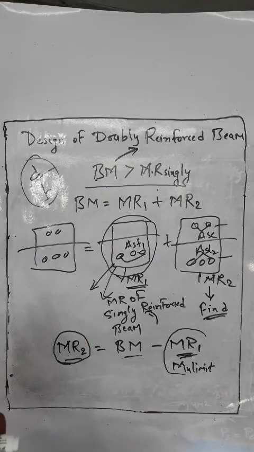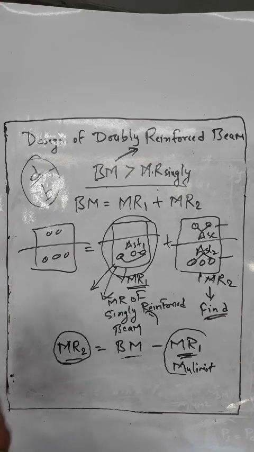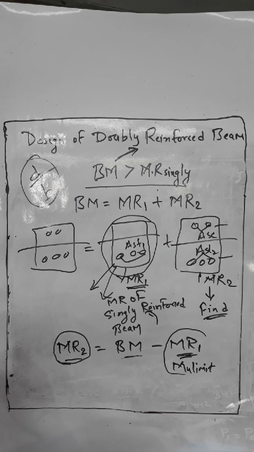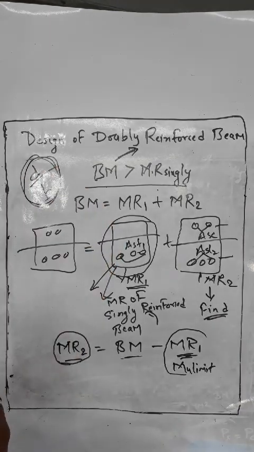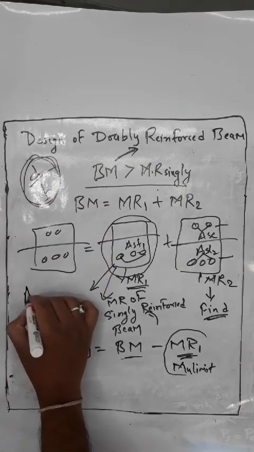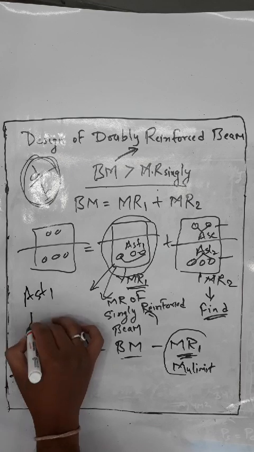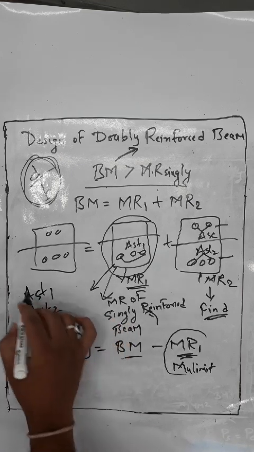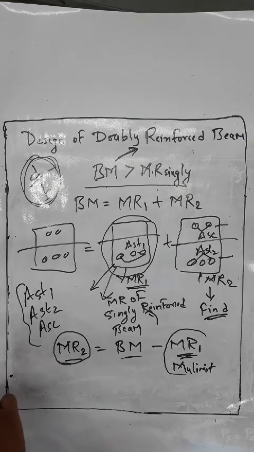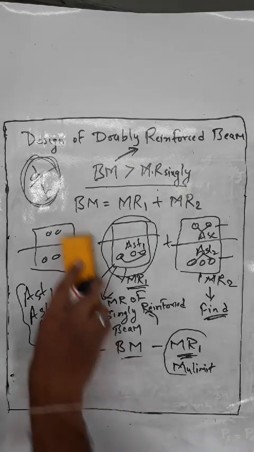When we design a singly reinforced beam, we have to find the dimensions also, but in the doubly reinforced case the dimensions are given. We only have to find AST1, AST2 and ASC, meaning the areas. So let's begin with how we find this area.